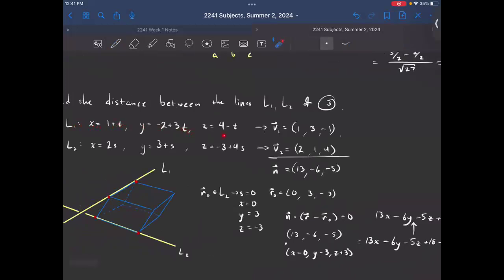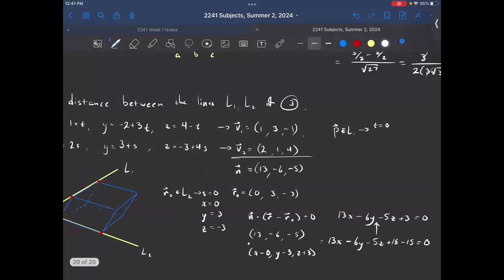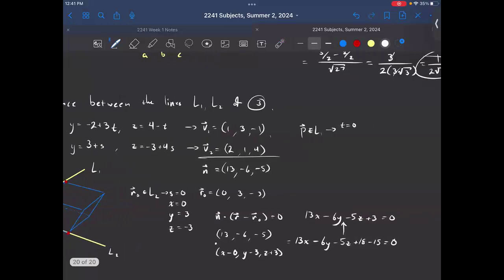So set t equal to 0, and we'll get a point. Maybe now we'll call this one P. So P in L1, t equals 0 gives us 1, minus 2, 4. So x equals 1, y equals minus 2, z equals 4. So there's our point 1, minus 2, 4.